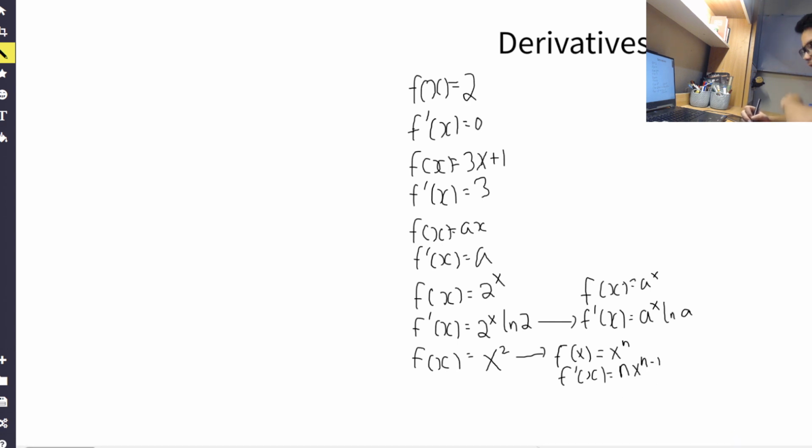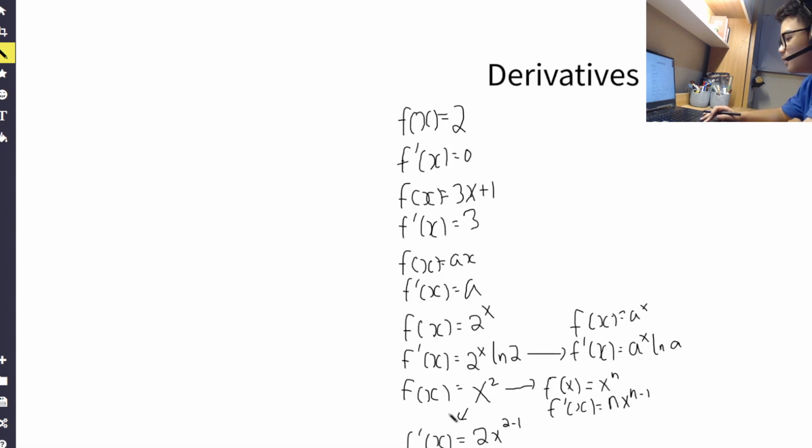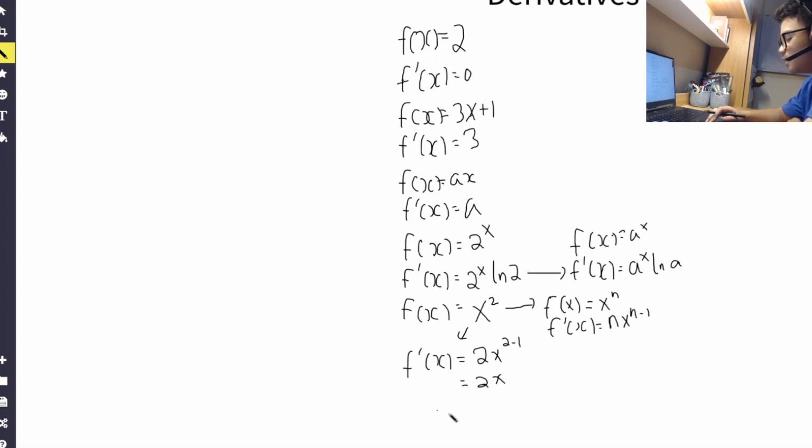So here f prime of x will be 2x to the 2 minus 1, hence it will be 2x, since x to the power of 1 is just x.